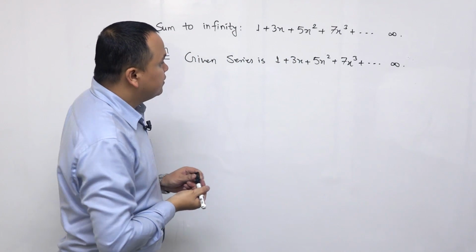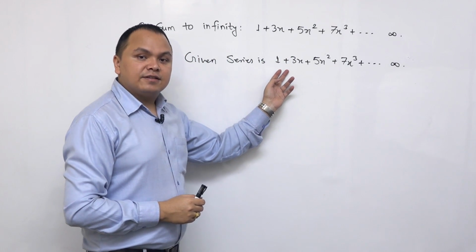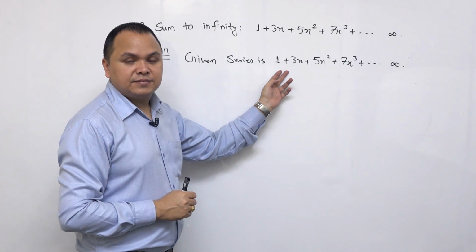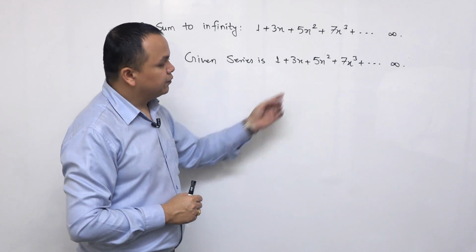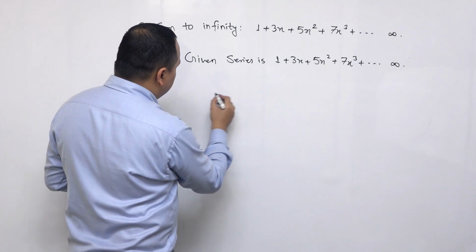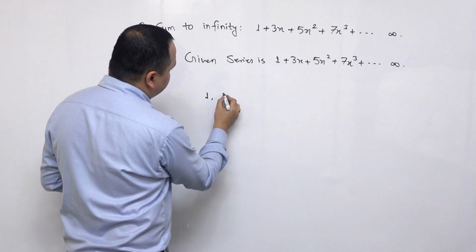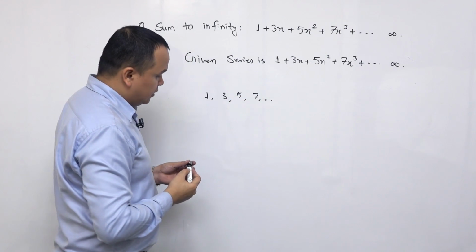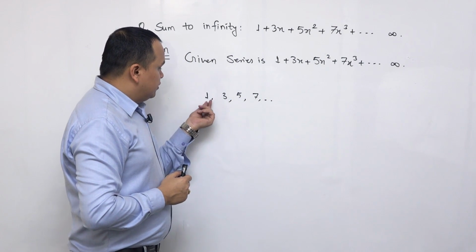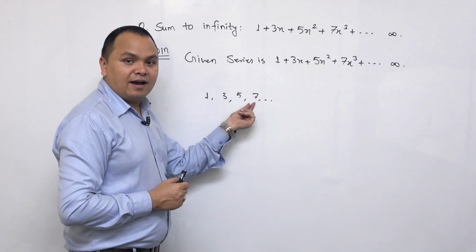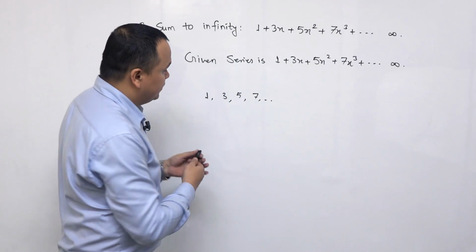We observe that given series is arithmetico-geometric series, that is AG series. Because if we take 1, 3, 5, 7, then 1, 3, 5, 7 are in AP.